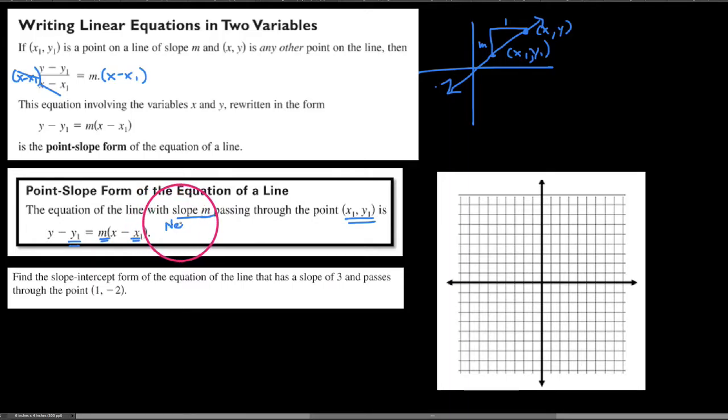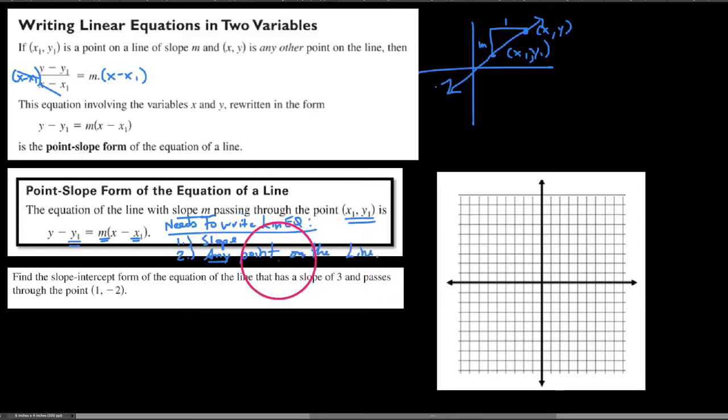So, what we need to write a linear equation: one, we need the slope. That's kind of a biggie. And two, we need any point on the line. That's it.